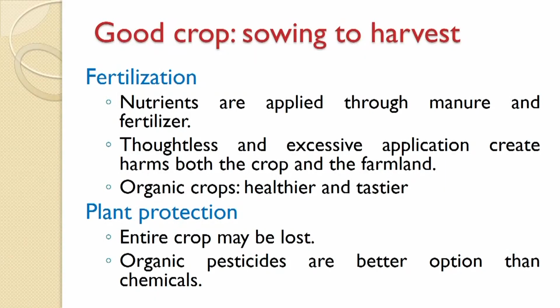So our next step is fertilization as well as plant protection. Let's talk about what fertilization is. Fertilization is the method of applying various types of nutrients to the soil as well as the plant, and these nutrients are applied through manure and fertilizer.